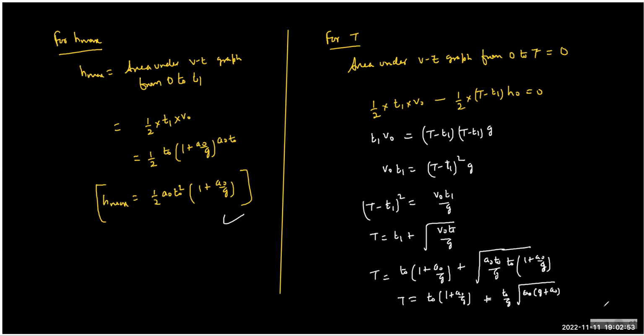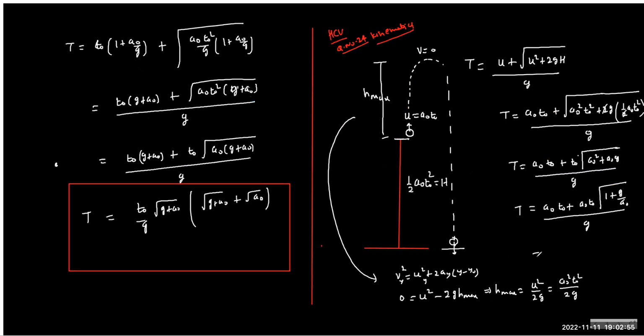I think both answers are correct only. So what is the mistake is the T is taken from beginning, right? And here this T is from the point of projection. That's why these are different answers. Both are correct answers. This T is actually from where? So we are taking T0 here, then this is T, right? And if you add T naught, you get the same answer. I hope this is clear now.